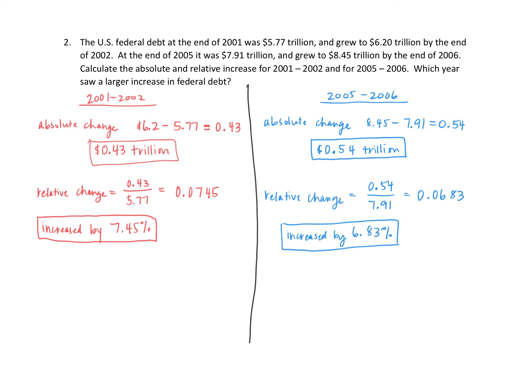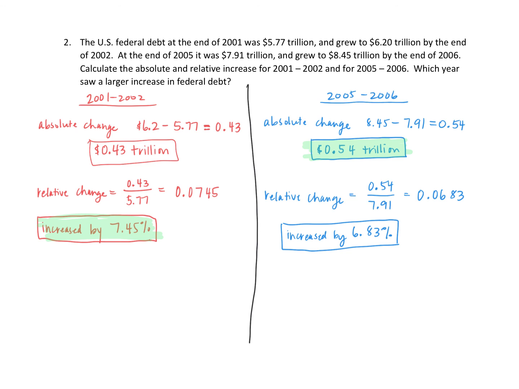So the question asked which year saw a larger increase in federal debt. If you look at absolute change, 0.54 is larger than 0.43. So if you're thinking about absolute change, you could say, oh, between 2005 and 2006, we had a larger increase in federal debt. But someone else could argue, by looking at the relative change, that it was actually 2001 to 2002, because the percentage, 7.45%, is larger than 6.83%.